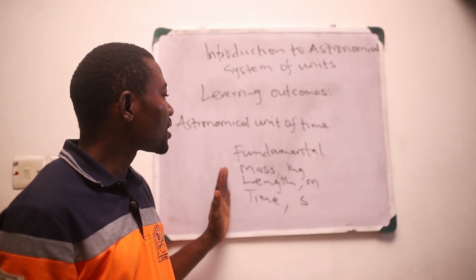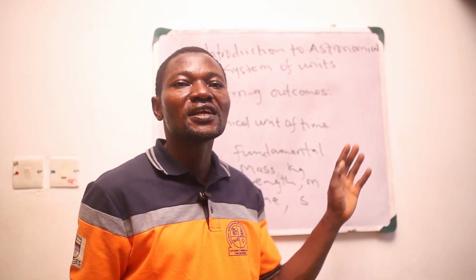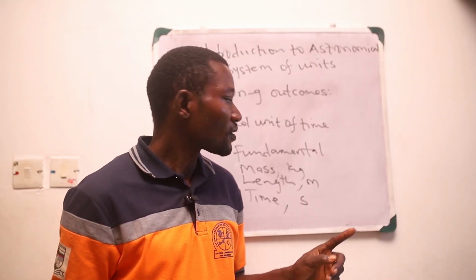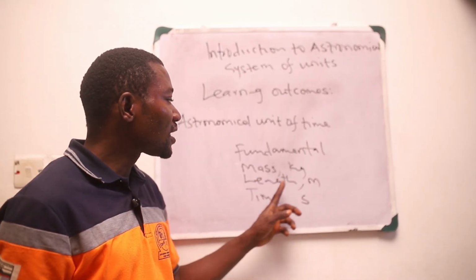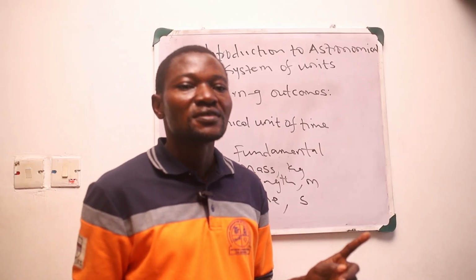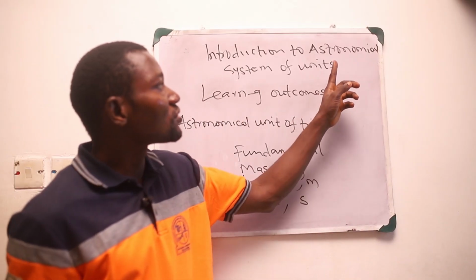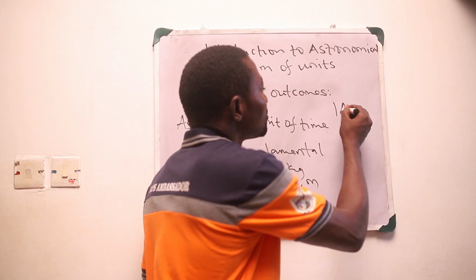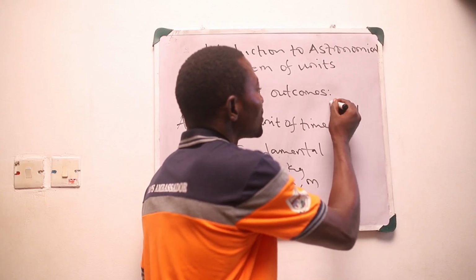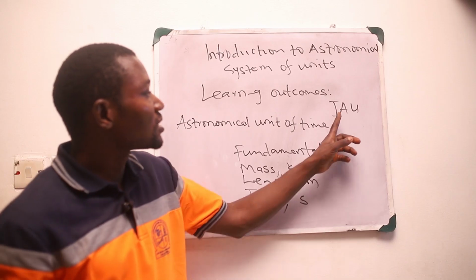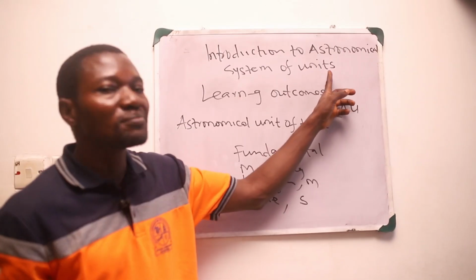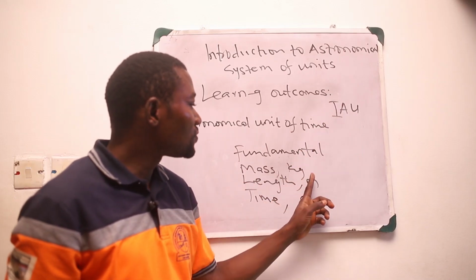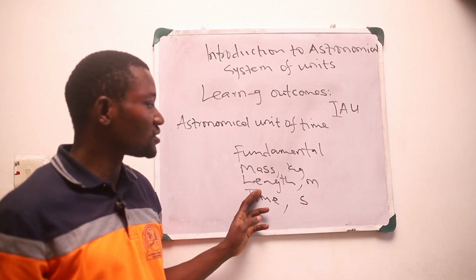So we use these fundamental quantities in a terrestrial environment. So in space, is it the same fundamental unit that we'll be using? This gives rise to the International Astronomical Union. They came about with an astronomical system of units because it was observed that some of the units that we use in the terrestrial environment are a problem in space.